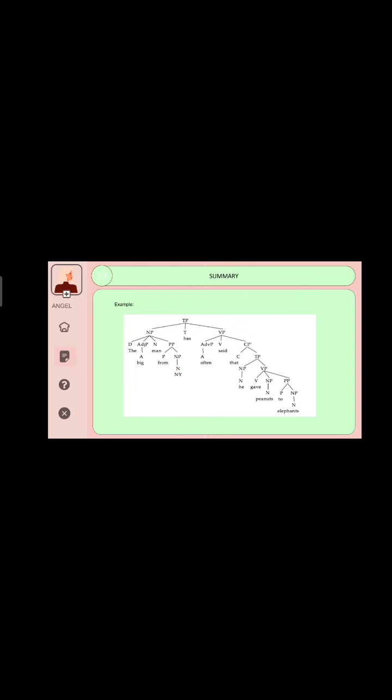So the sentence goes, the big man from NY has often said that he gave peanuts to elephants.